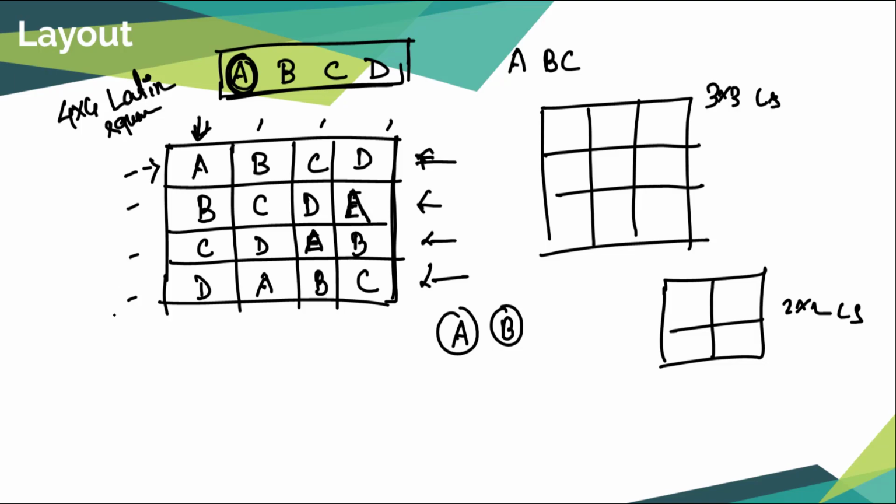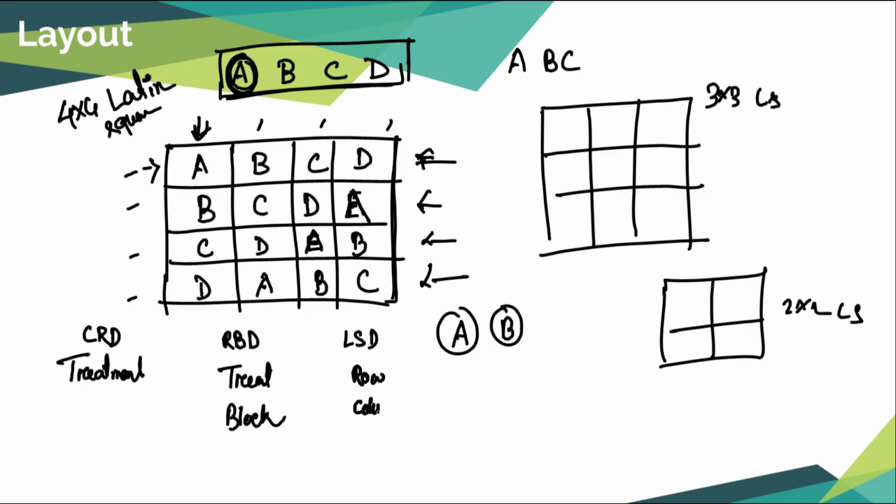Now in case of CRD, we have only one factor, that is treatment. In case of RBD, we have treatment and blocks. But in case of LSD, we will have one more thing. We will have row, column, and treatment, right?